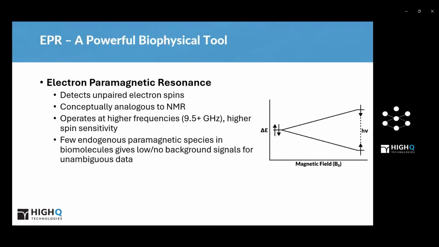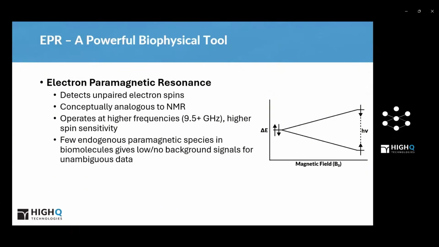Generally, we can think about an electron's spin state as being roughly up or down. Quantum mechanically it's more complicated, but for the purposes of this, when you put those spins in an external magnetic field, you get a splitting of their energy states. Spin up and spin down have different energies, and you can drive transitions between those states by applying microwave radiation matched to that energy difference.